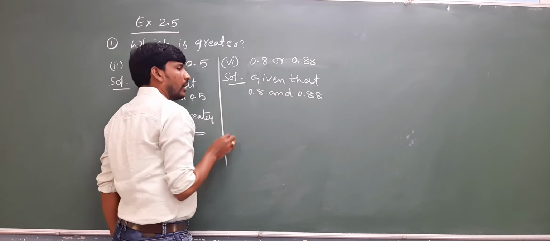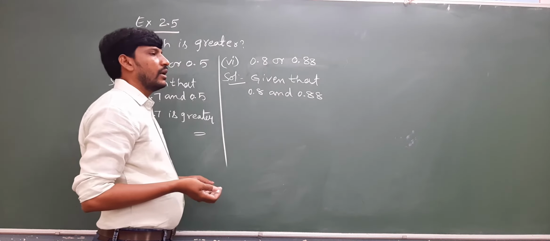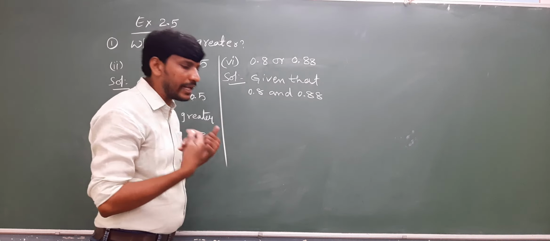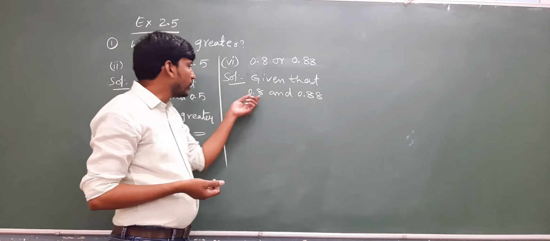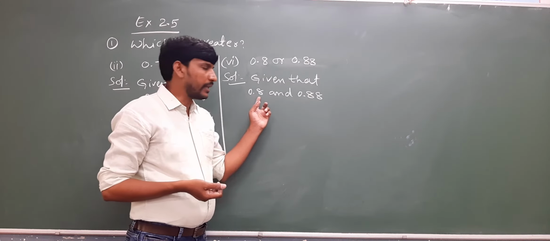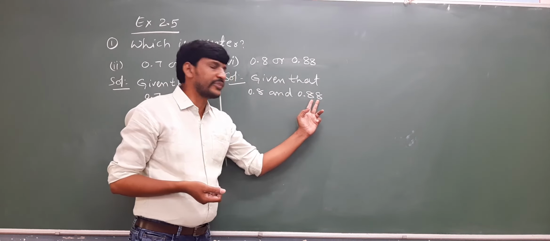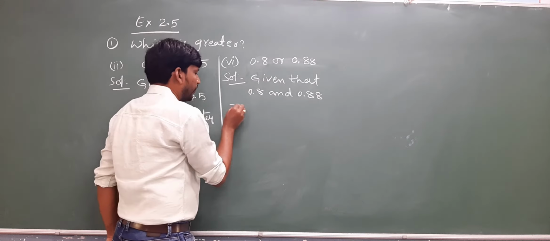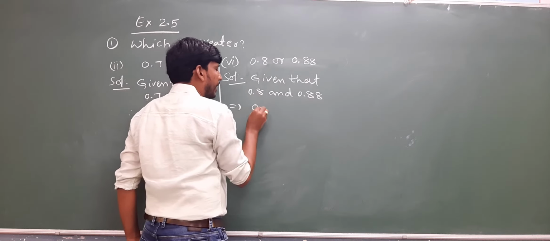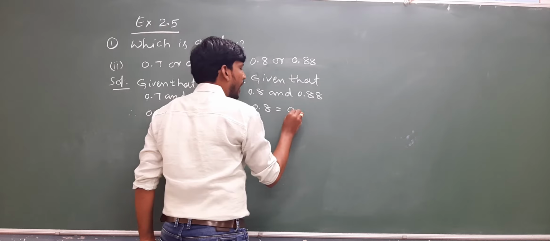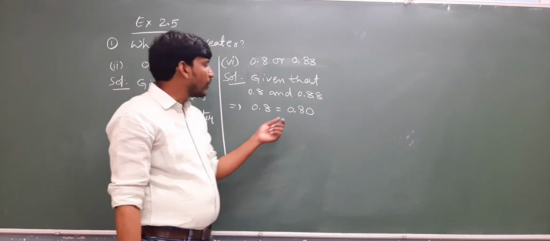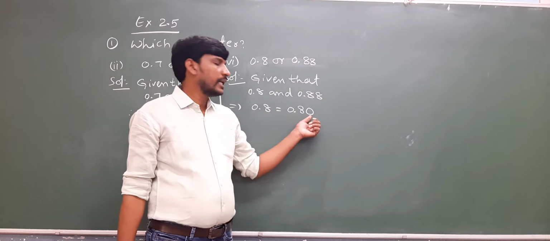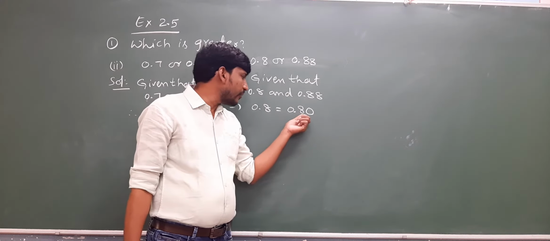Now see this here. To convert unlike decimals to like decimals, you just add one more zero to the first value, because I want two places after the decimal. So 0.8 I am going to write as 0.80. Keep it in mind. Why do we keep 0 here? Because after the decimal, if there is any value, and after the value you keep 0, it does not change the value. Clear, my dears, everyone? See, if you keep a 0 after 8, these two are equal.